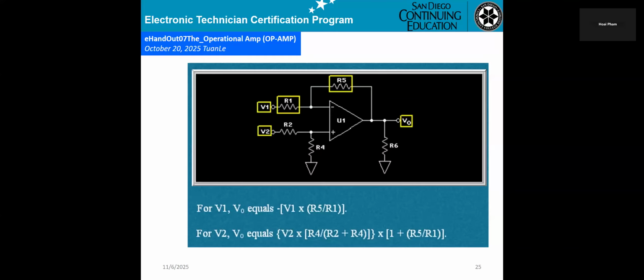If you are given input V1, V2, they give you V out. No explanation. That's just a measure. But what I'm saying is when you build the circuit, you would ground V1 and work on V2, then go back and ground V2 and work on V1. That's how to calculate it.